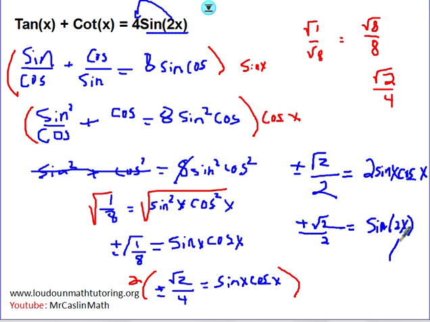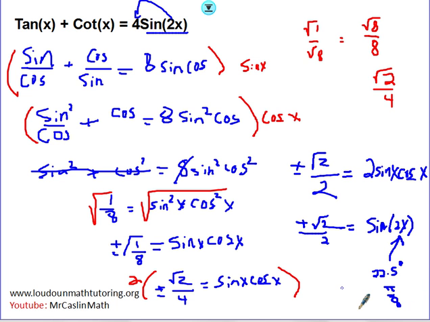So basically x would have to be 22.5 degrees in all of its variations. I'll let you finish that out, figure out around the unit circle where this is going to be true, because it is a plus or minus. Okay, so 22.5 degrees is 1/2 of 45. So that's your pi over 8.